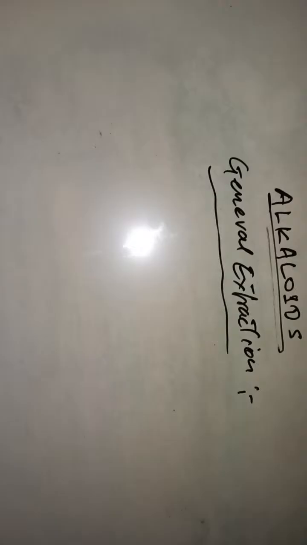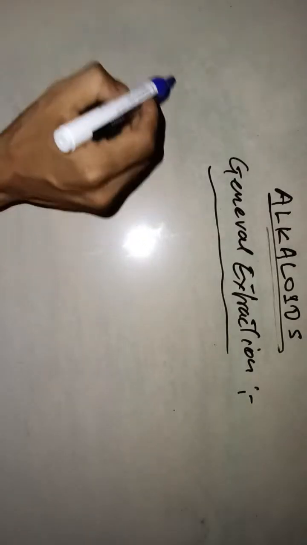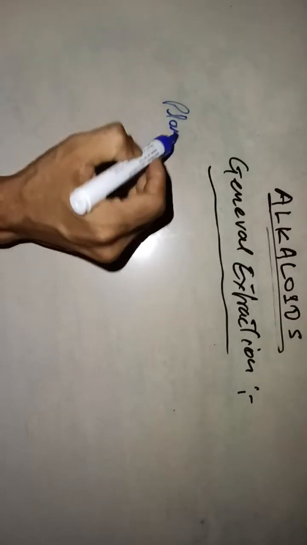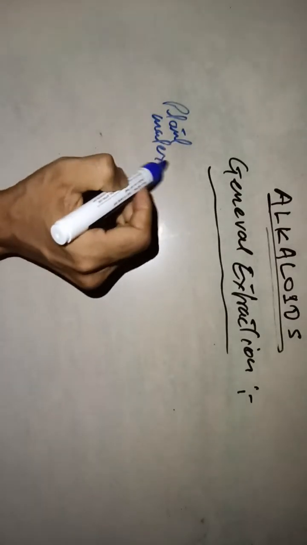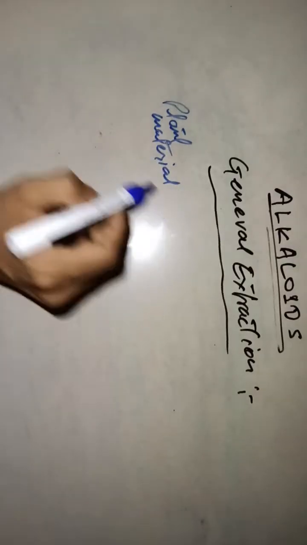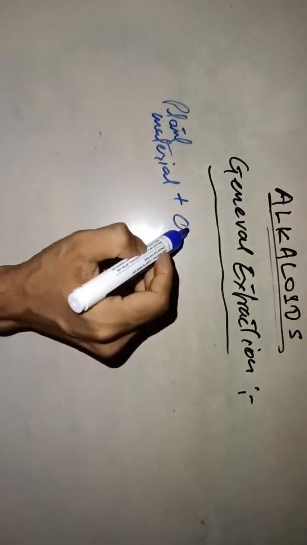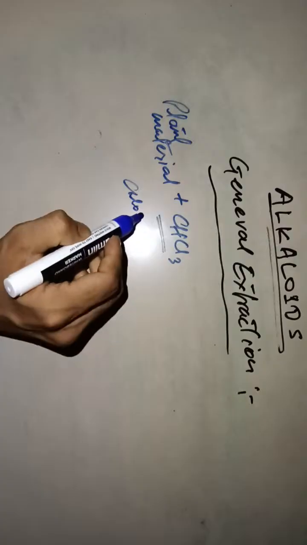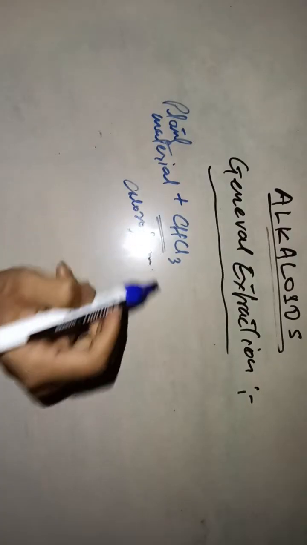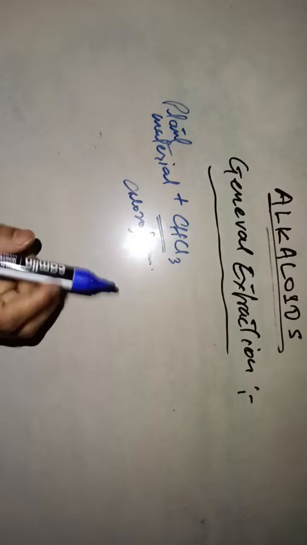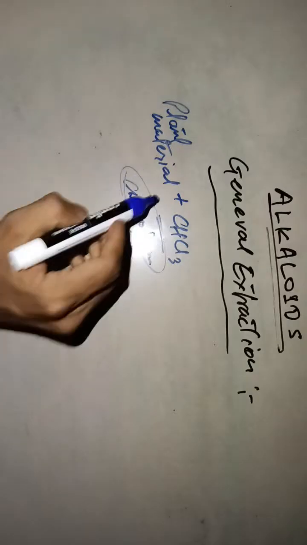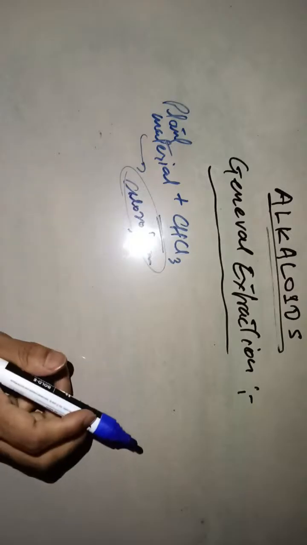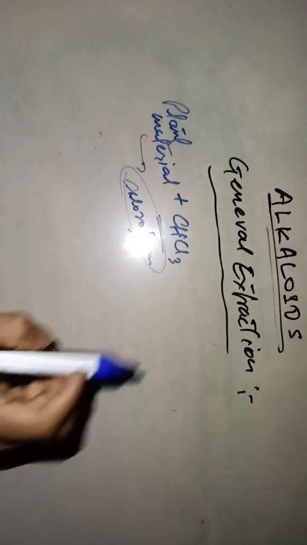In this, the plant material is mixed with chloroform, CHCl3. CCl4 is carbon tetrachloride.